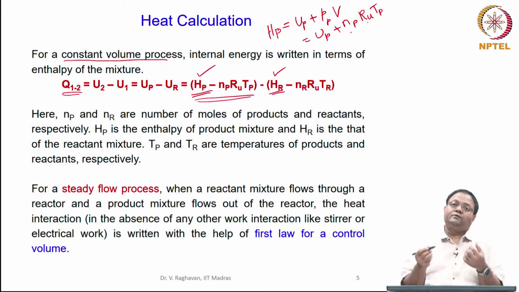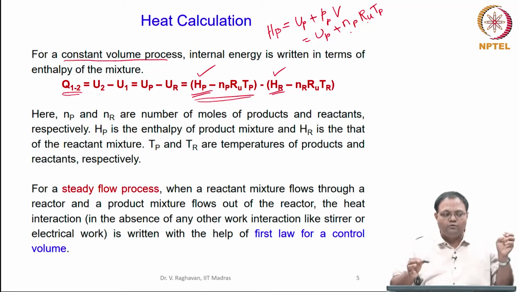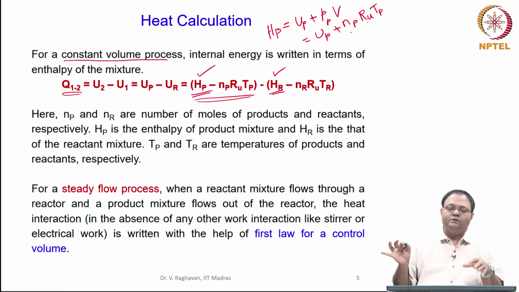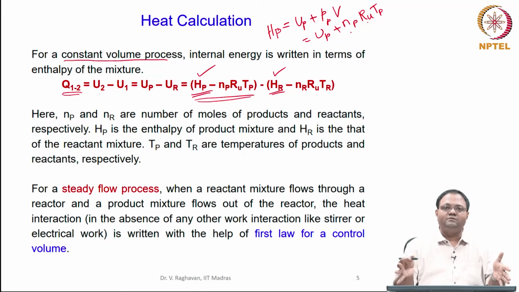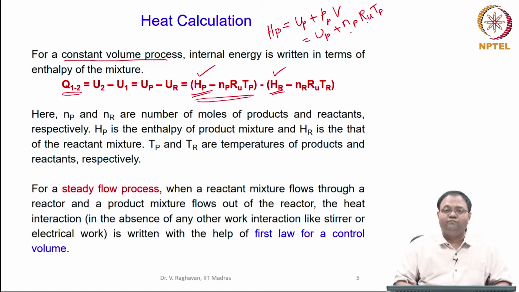Now, several reactors are not system based, they are flow processes. You inject the reactants and products come out. For example, I can inject the reactants into a furnace and the product comes out as the exhaust gas, after going through the boilers and so on. So we have to consider a control volume.